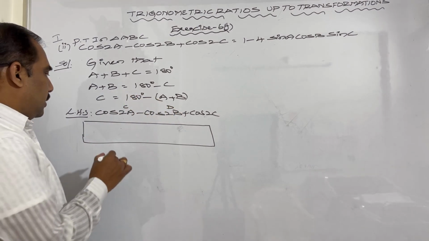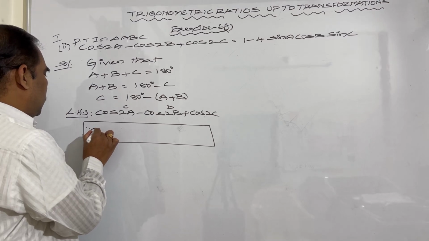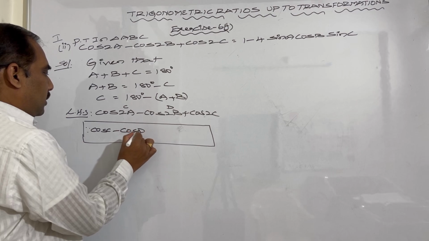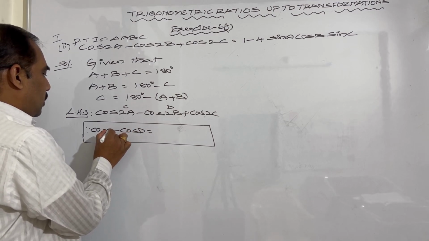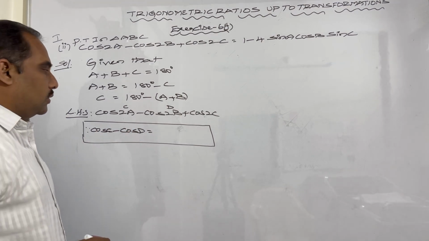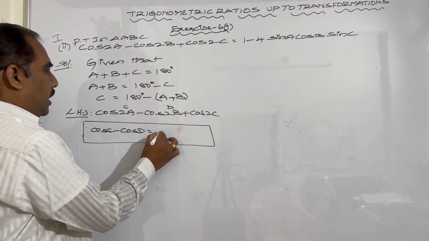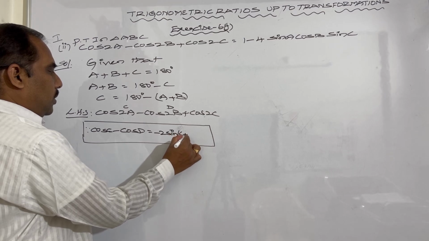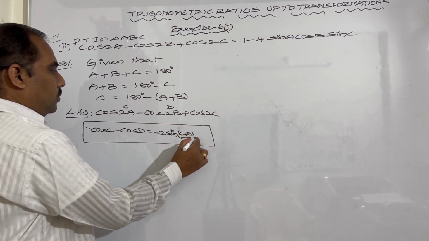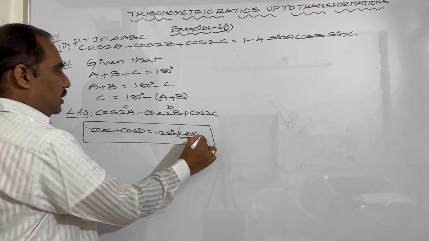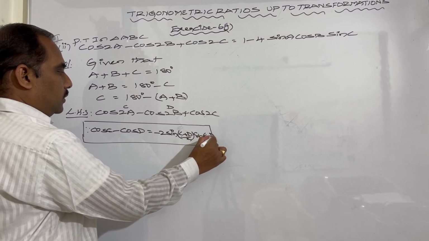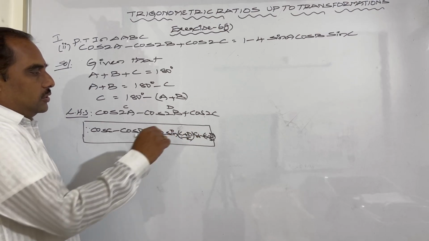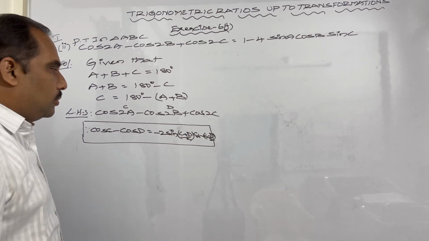Cos C minus cos D is equal to minus 2 sin (C plus D) by 2 into sin (C minus D) by 2.